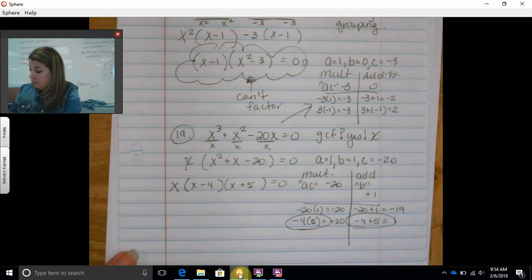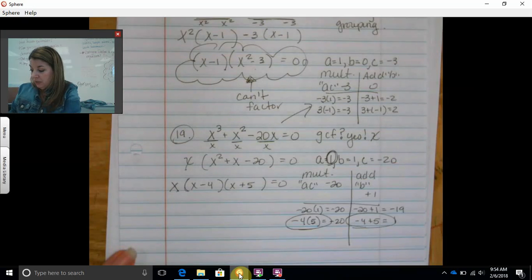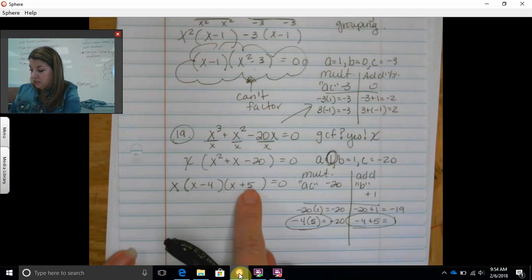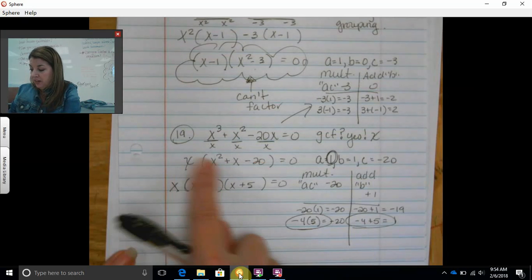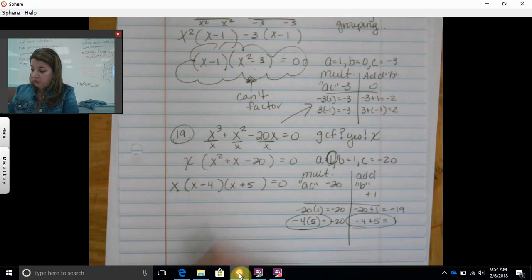Is that going to be necessary? No. Am I factored completely? This is linear and linear. As long as there's no GCF, I'm good to go. My first term times my first term gives me my first term. My last term times my last term gives me my last term. I would have to refactor in that GCF to get to the original, but we should be good.